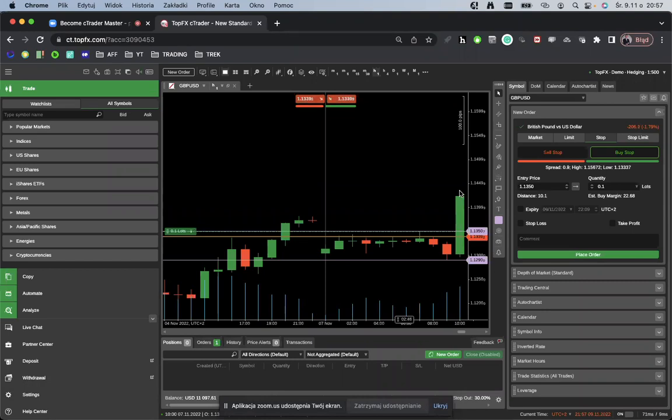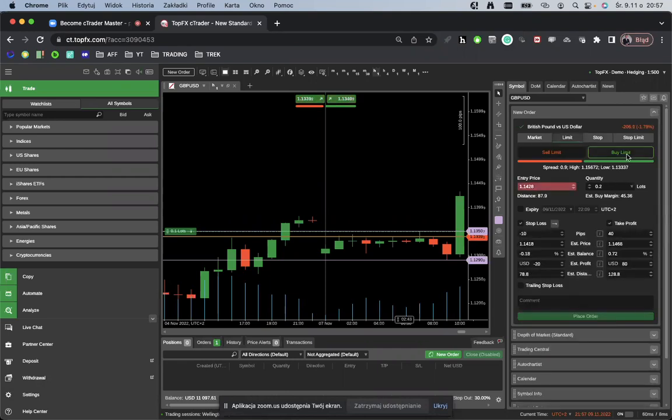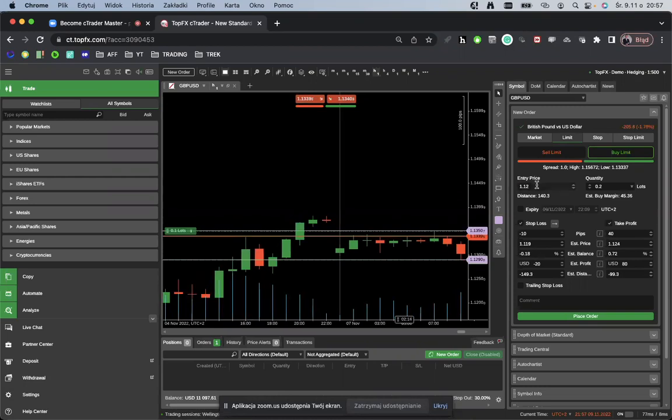Now, what would happen if you place a buy limit? If you place a buy limit on the very same level, 1.1350, what's the entry? I can't do it right now because this is a historical example and the market is blocking me.